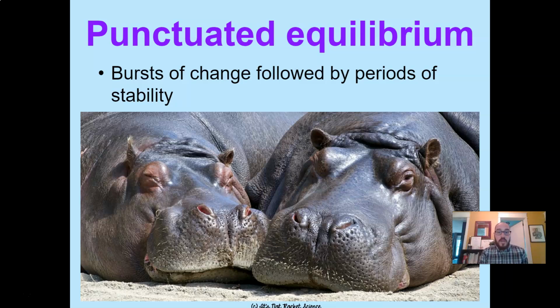And this was due to fossil records that they were getting in Cambrian-aged rocks, and that went on to be known as the Cambrian explosion, because you have this relatively long stable period where all the species look the same, and then all of a sudden you hit a certain rock strata, and boom, you have all of these new species. So what's going on here? Well, that's kind of a refutation of gradualism, that things slowly change over time. And really, in terms of geological time, these changes can happen really quickly.